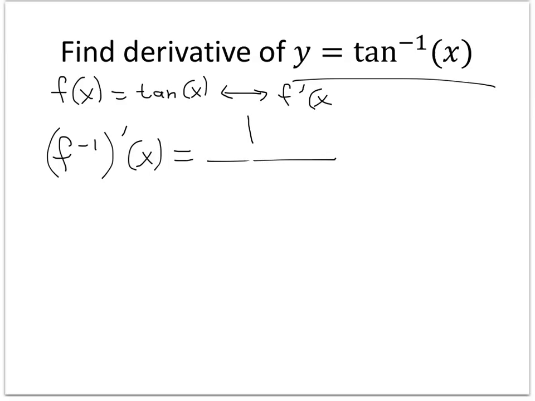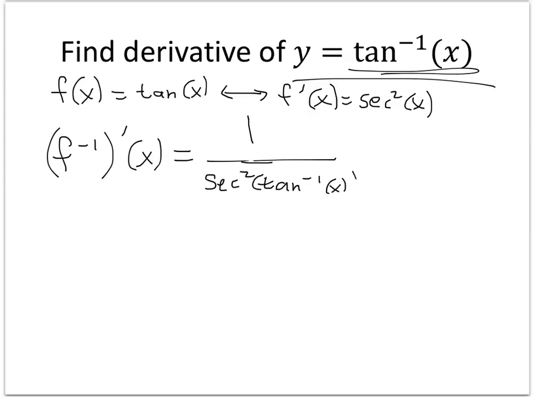So the derivative of my function, you remember this one, secant squared x, so that becomes secant squared, and then what's inside the parentheses here is going to be my inverse, which is tangent inverse of x.